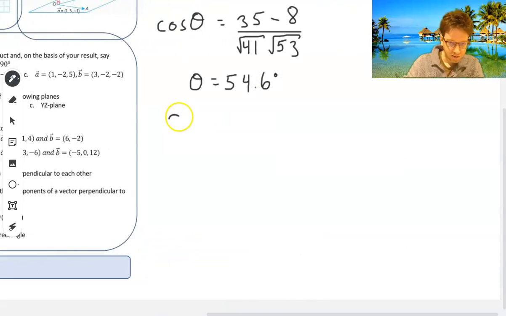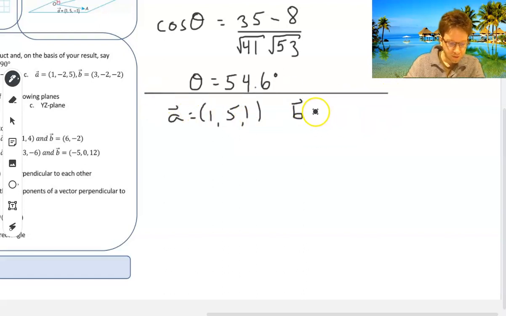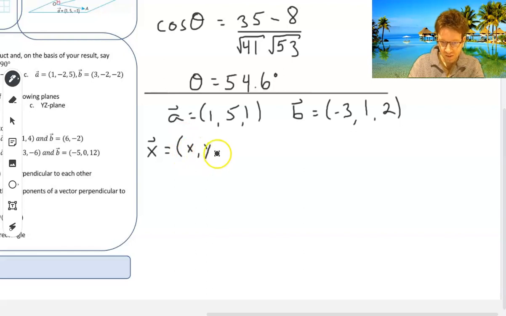So A was 1, 5, and 1, and B is minus 3, 1, and 2. And we're looking for some vector, let's call it vector x, which has some coordinates x, y, z. And it's going to be perpendicular to both A and B.